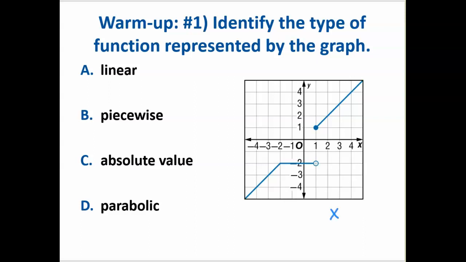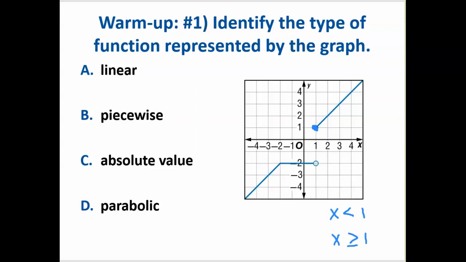So you have x less than 1 and x values greater than 1. And since the closed circle is with the top part of the graph, the greater than gets the equal to as well.